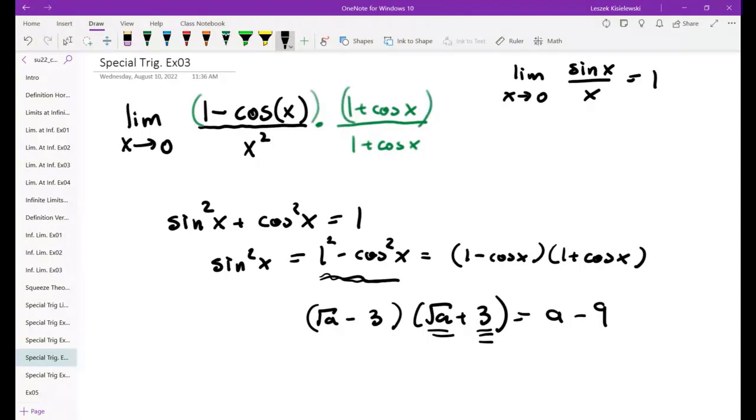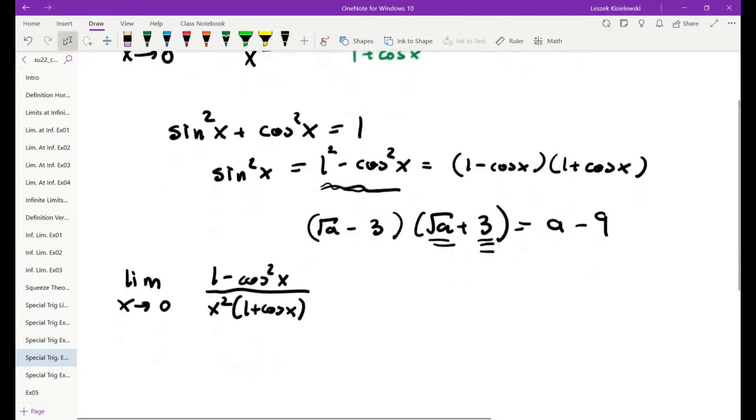Okay, because in the numerator you get a difference of 2 squares, so 1 squared minus cosine squared. Well, the denominator just is what it is. We'll not worry about that right now.